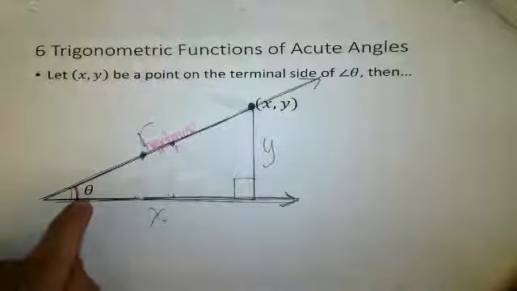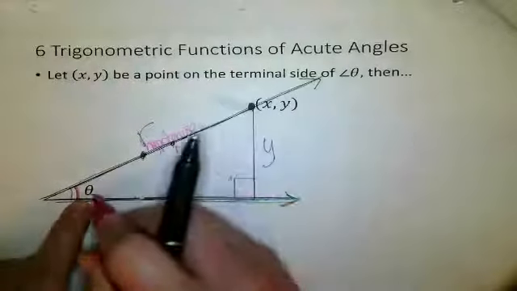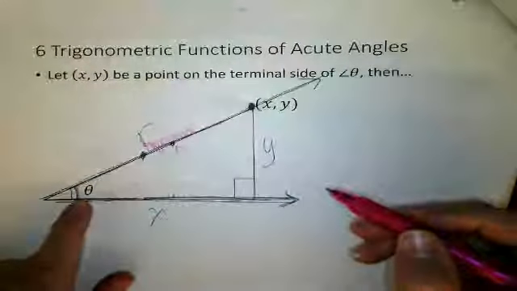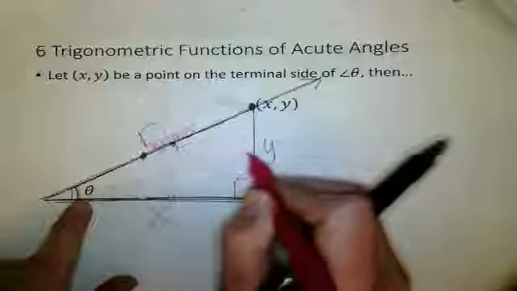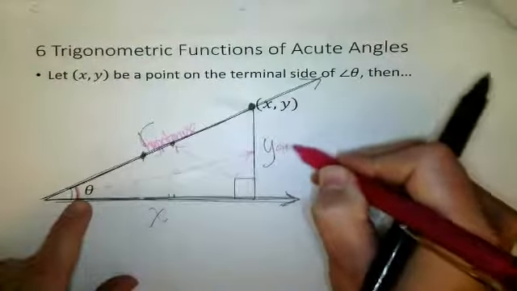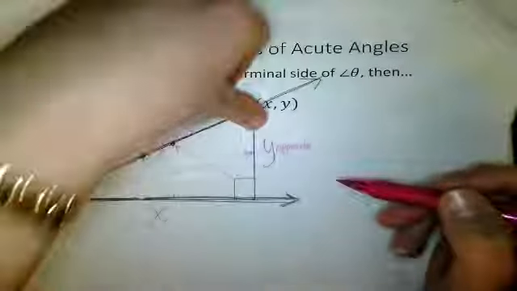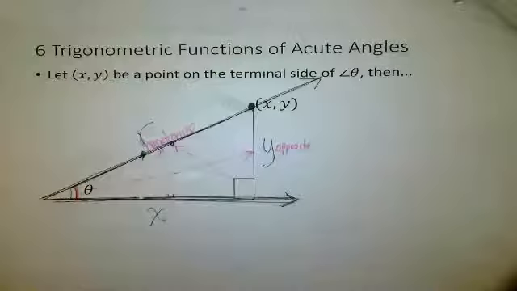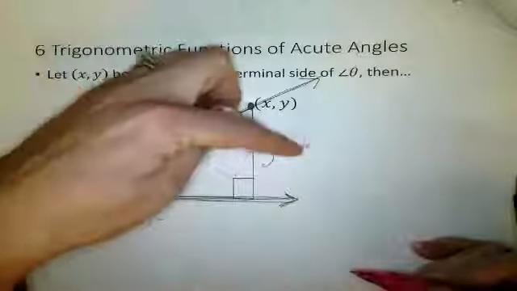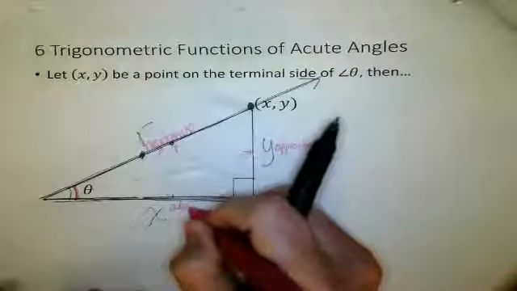The opposite side is opposite that important angle theta. And that's going to change. If we were looking from up here, here would be the opposite side. It depends on where you look from. Once you label the hypotenuse and the opposite of your angle, then you have the adjacent side.